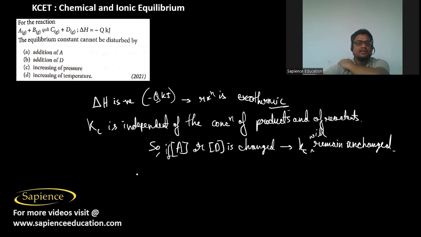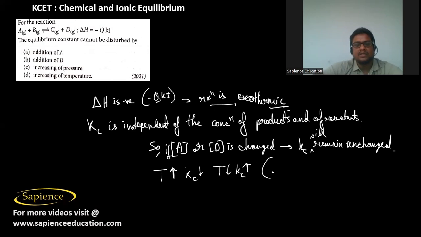And here, since it is exothermic, if the temperature is increased, the value of Kc decreases, and when temperature decreases, the value of Kc increases. If we increase the temperature, then the reaction quotient Qc will be more than Kc.